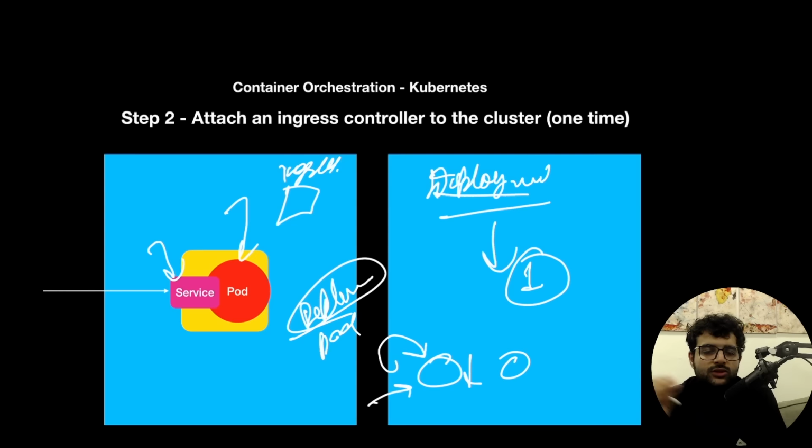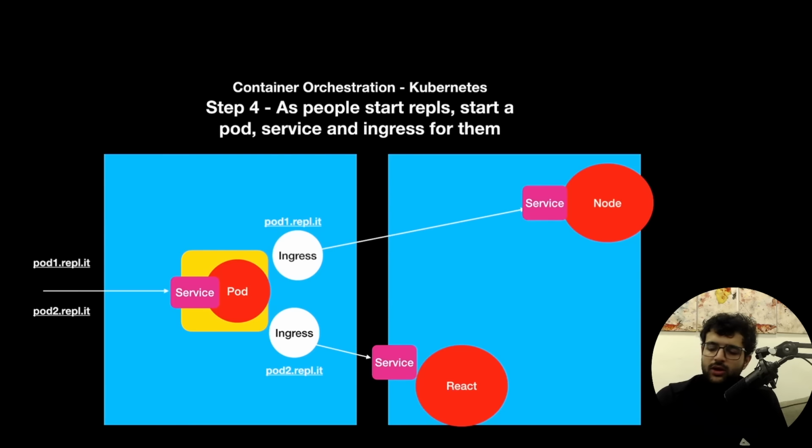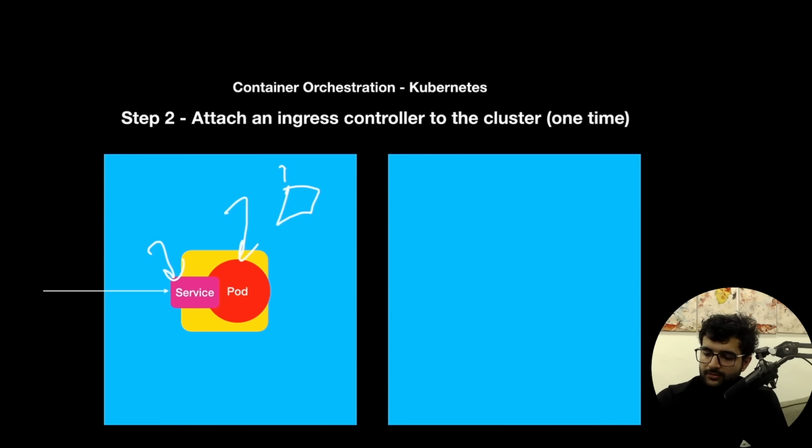Usually, you will almost always start a deployment. If you're using Kubernetes in the raw way for deploying normal backend applications, you want your backend to have 3 versions or 3 pods running always. So you will not start a pod.